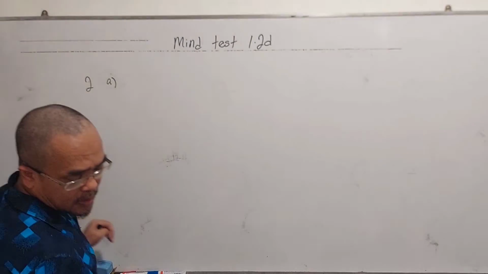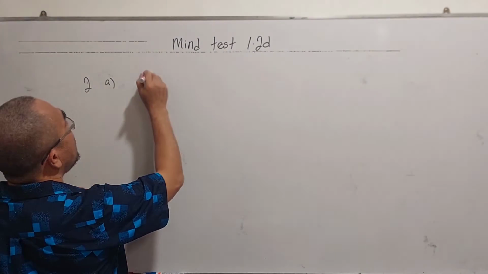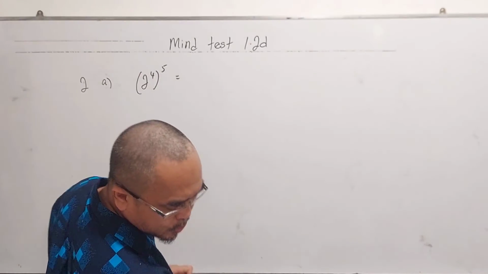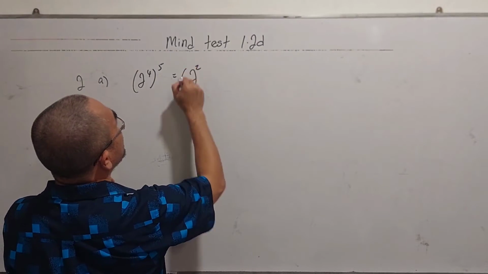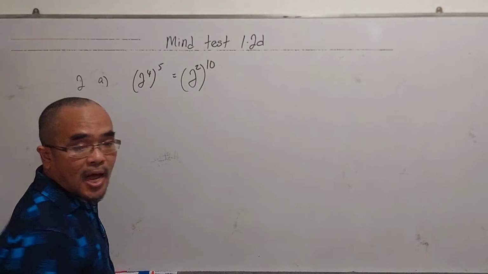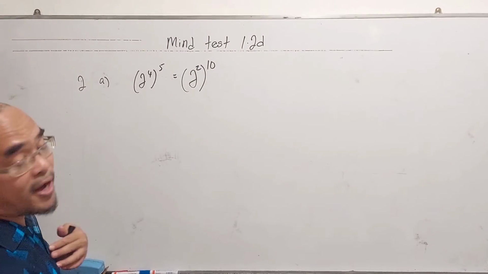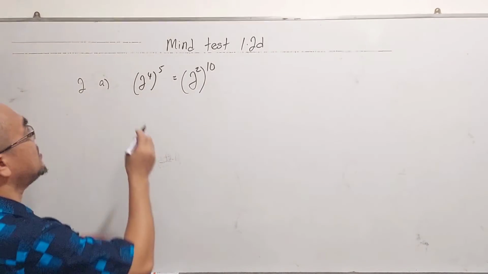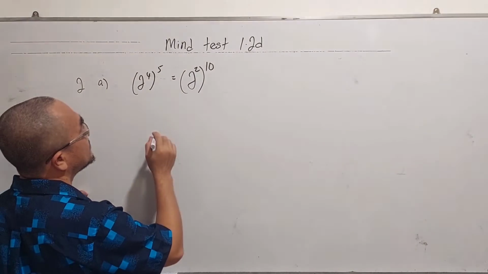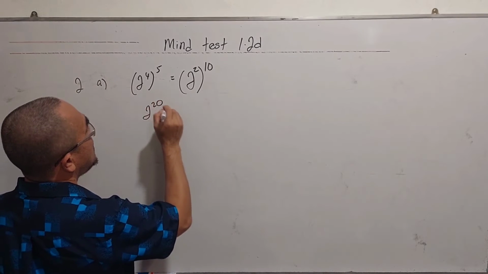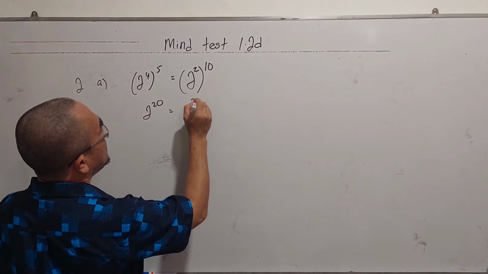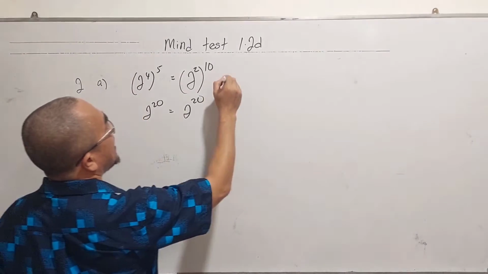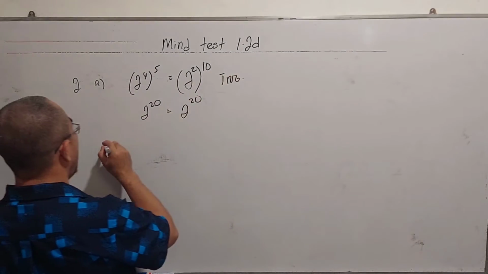So A, 2 to the power of 4 to the power of 5 is equals to 2 to the power of 2 to the power of 10. How do we determine whether it's correct or not? Simplify both sides. On the left side will be 2 to the power of 20. Same. So they are true. Okay. So the answer is true for A.